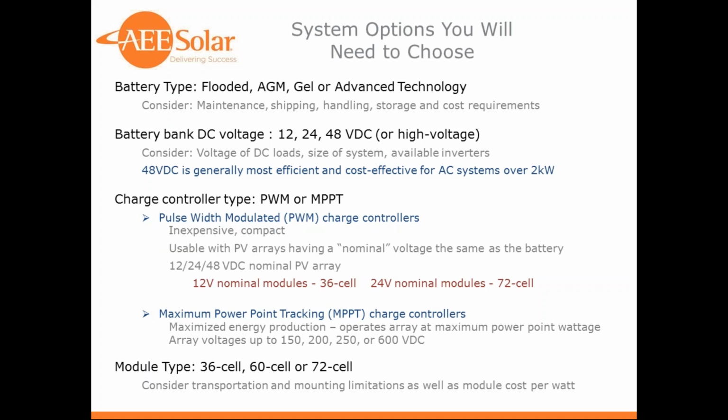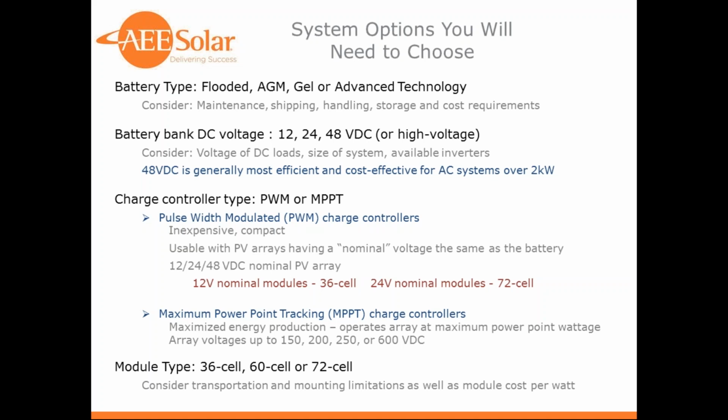We do need to choose our charge controller type. Most systems these days use MPPT controllers because most systems have 60 cell modules in them. 60 cell modules are not a direct voltage match to battery voltages, so they do have to go through conversion through MPPT.